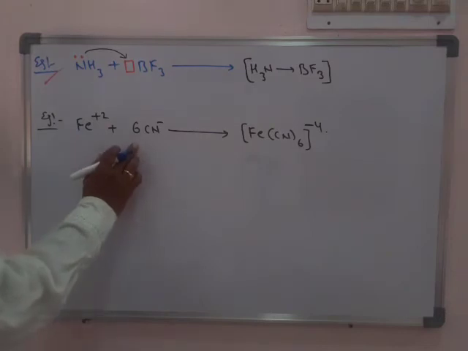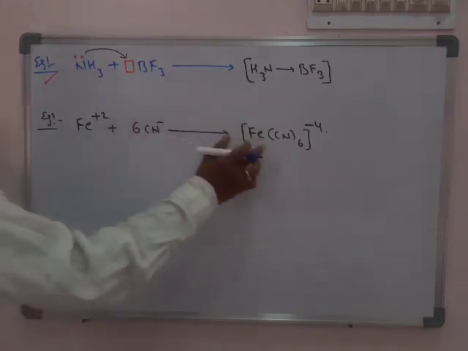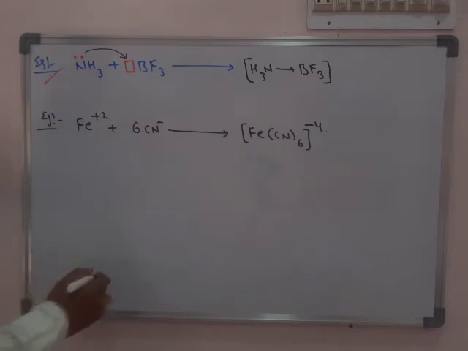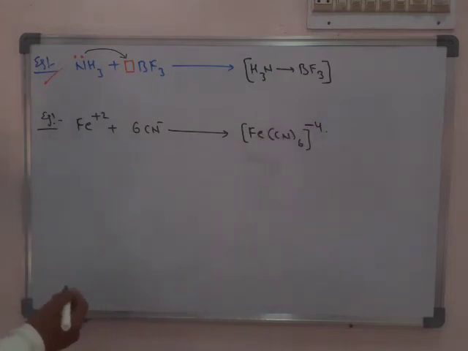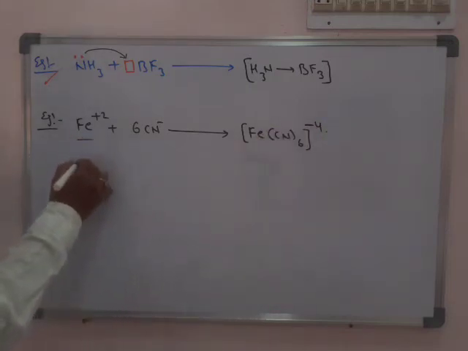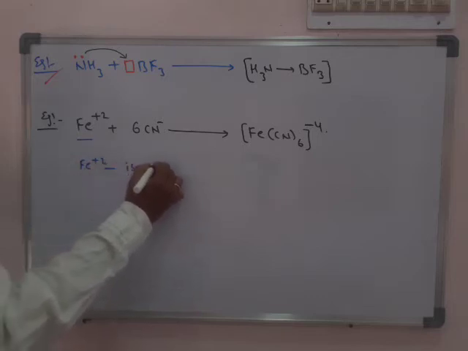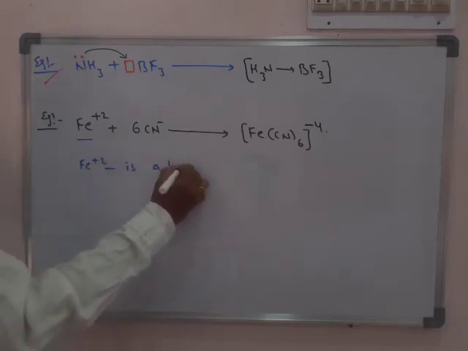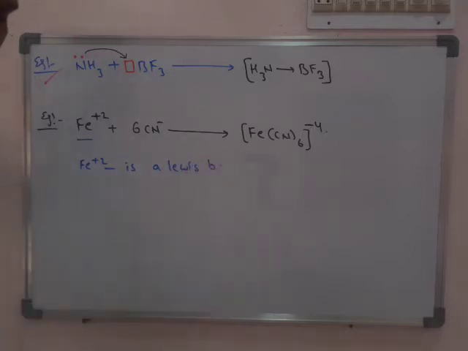So here 6 cyanides are there. 6 cyanides donate totally 6 electron pairs to the Fe+2. This is known as a complex compound, and it is given in terms of ion. So here Fe+2 is a Lewis acid or base?